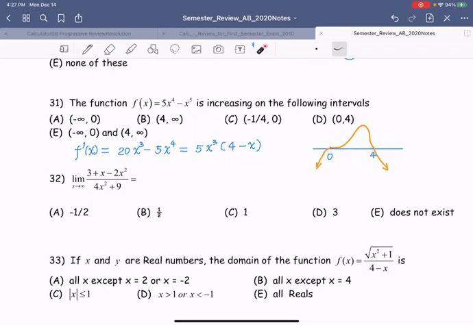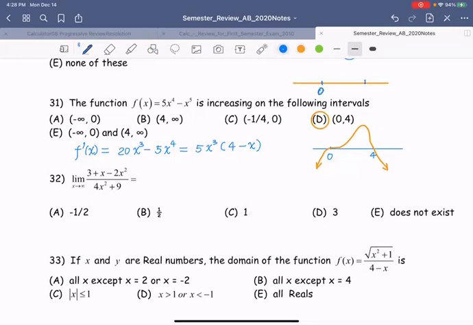We want it to be increasing, so positive. Who is positive? 0 to 4, right? Yeah, bigger than 0, correct? Okay. If you want to do the sign chart, you can do it. You can say, all right, I'm going to do a sign chart.